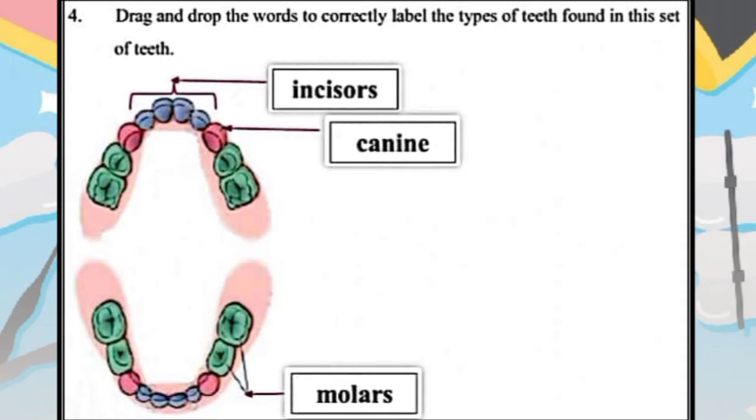Now teeth which are at last are molar. Actually molar are 12 in numbers, but other 4 wisdom teeth come at last in between the age of 17 and 25.